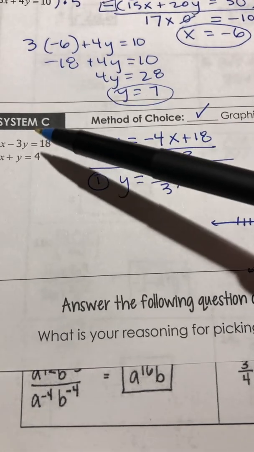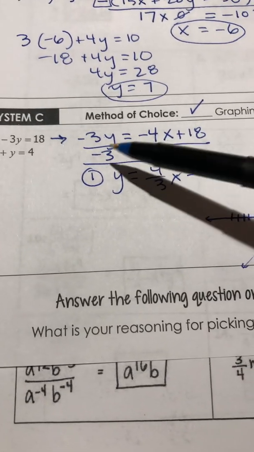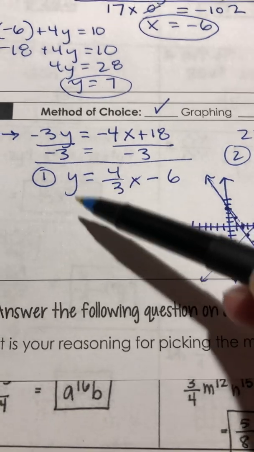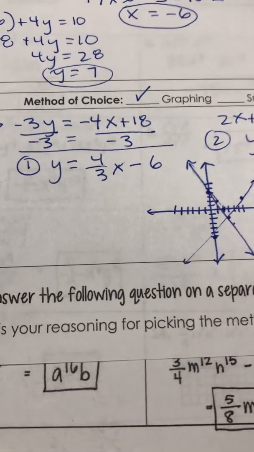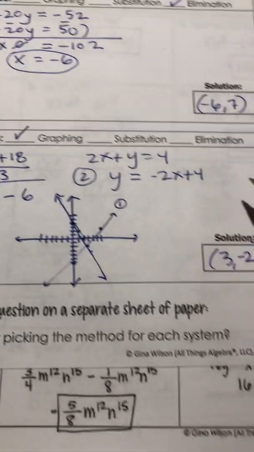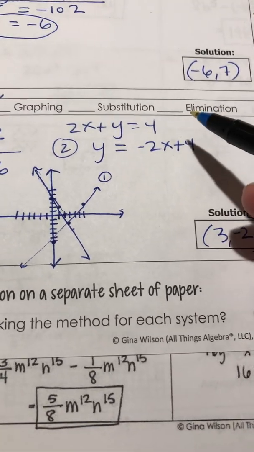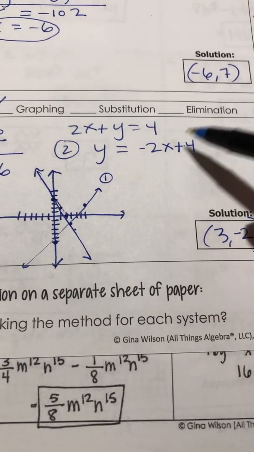So I am trying to isolate my y in essence. And I moved my 4x over here. I divided by negative 3. So I end up with this as my first equation. And then for the second one, it was in this form originally, 2x plus y equals 4. So all I did was I subtracted 2x from both sides.